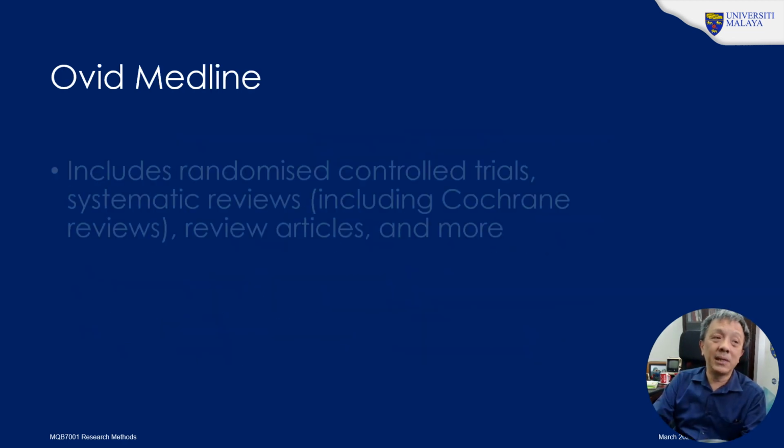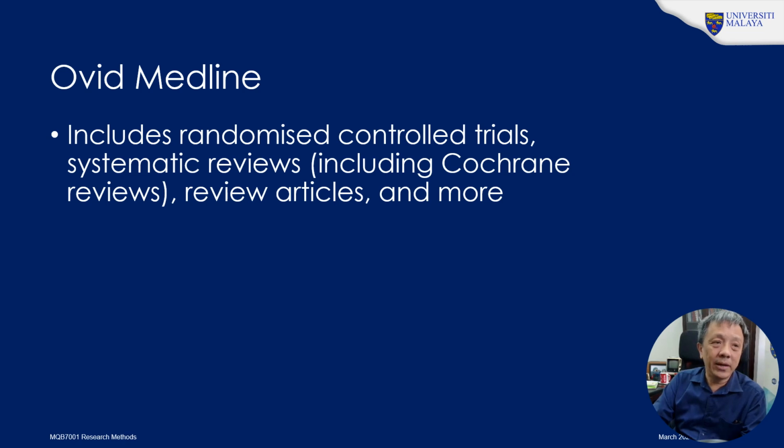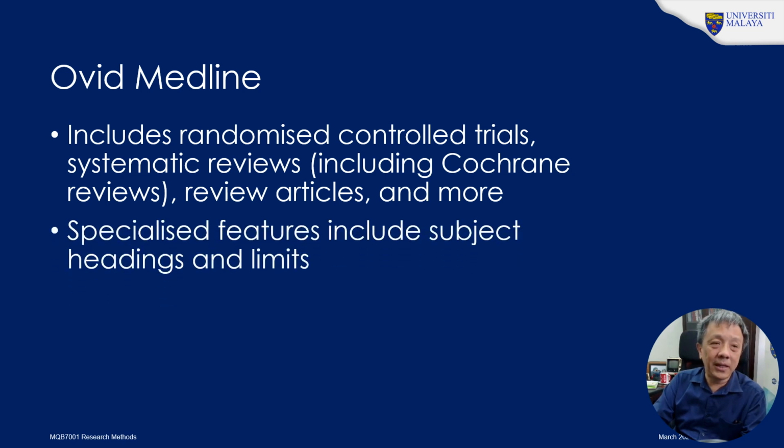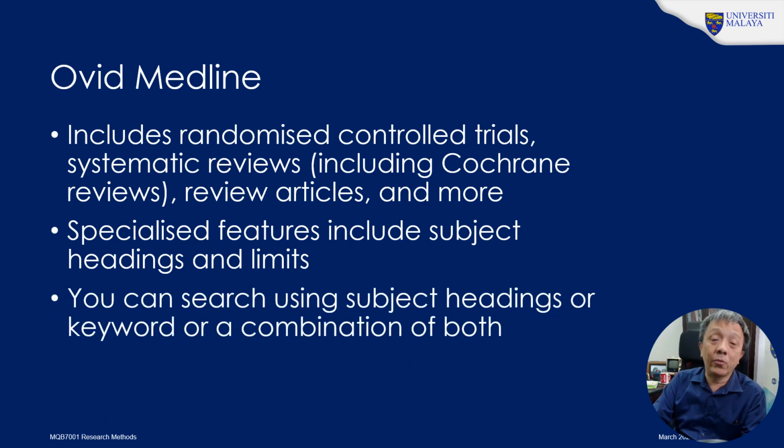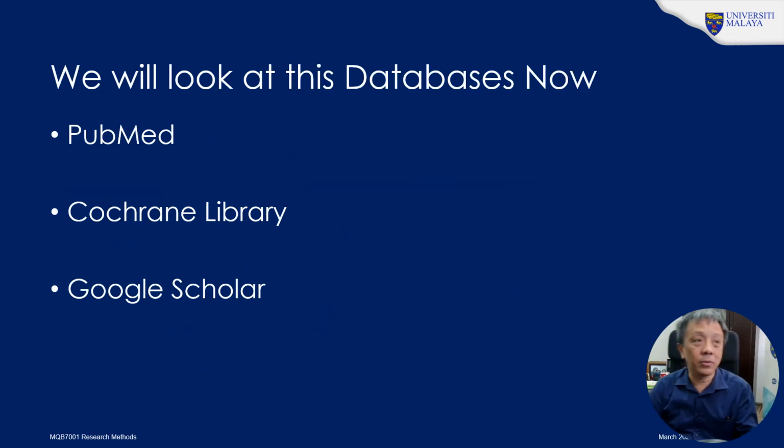So this is Ovid Medline. Ovid is a program that can search multiple databases, so this also can be used if you want to. But it needs a subscription. So usually we recommend PubMed, which doesn't need a subscription.